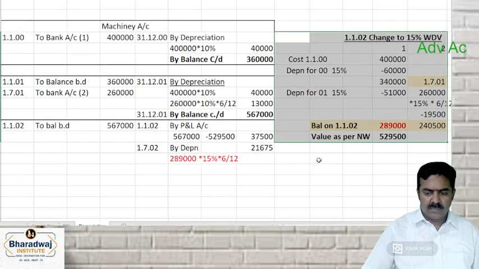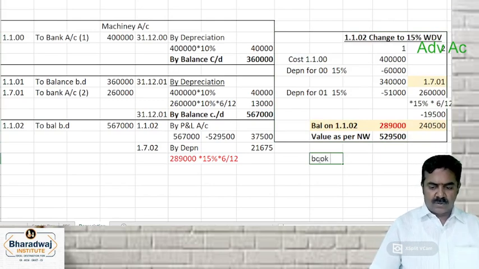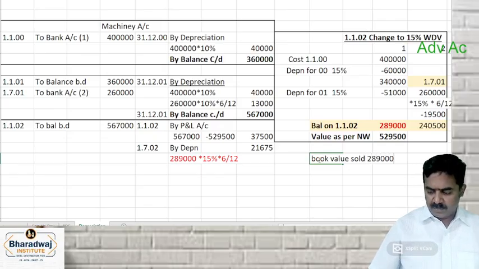So what is the book value of the asset sold? 2,89,000 minus 21,675.